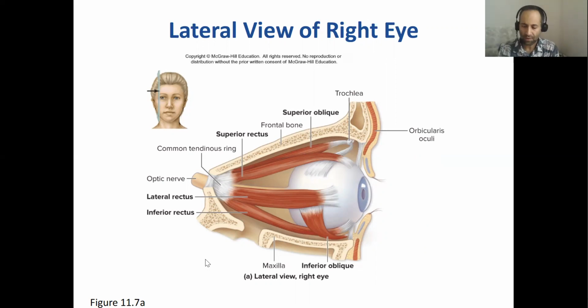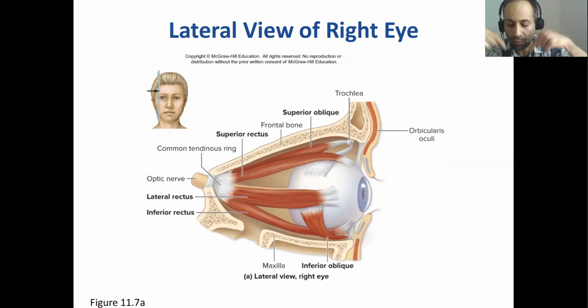So let's talk about the actions. What do they do? Exactly what the name suggests. Lateral rectus will allow you to move your eye laterally. So with my right lateral rectus, I can move my eye laterally. With medial rectus, for my right eye, I'm moving medially. But when I'm using medial rectus to look this way, I'm using my lateral rectus on the other side. Superior rectus, looking upwards.